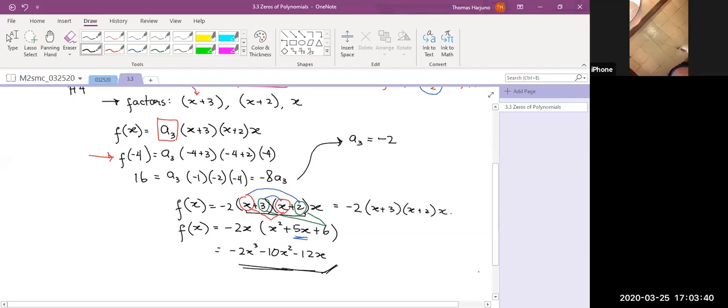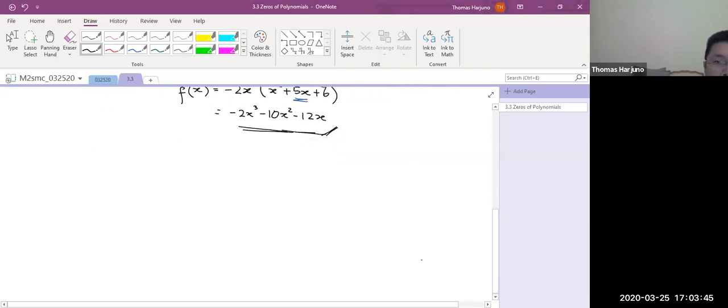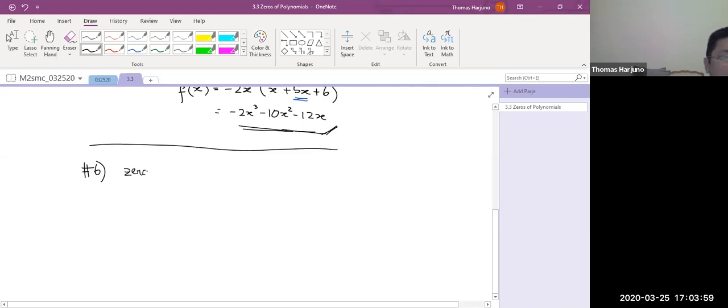Now, let me do a little interruption before I go to another question. For example, what happens if I have number 6? Number 6 says that the zeros are -3i, 3i, and 4, while f(-1) is 50.